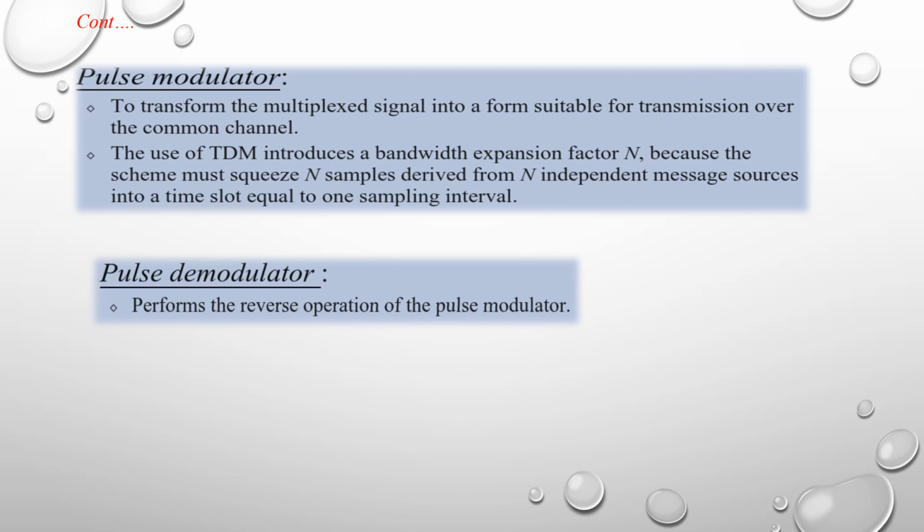The pulse demodulator performs the reverse operation of the pulse modulator. The output of the pulse demodulator is again applied to the decommutator.